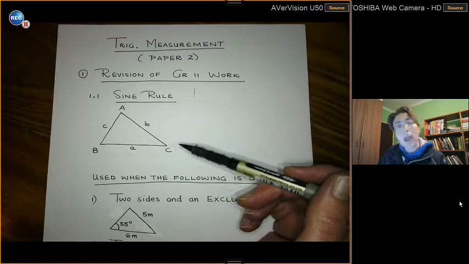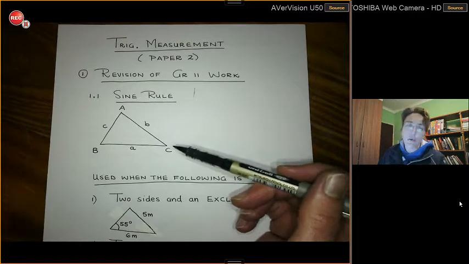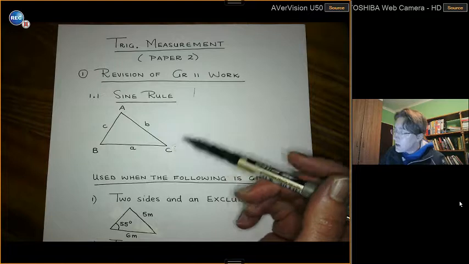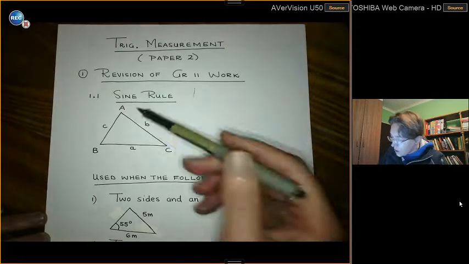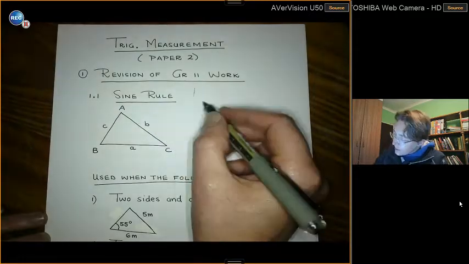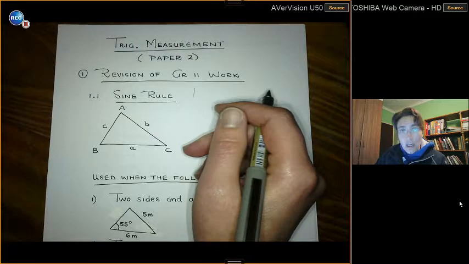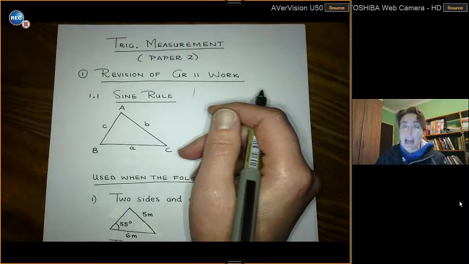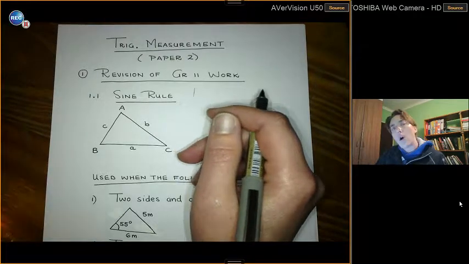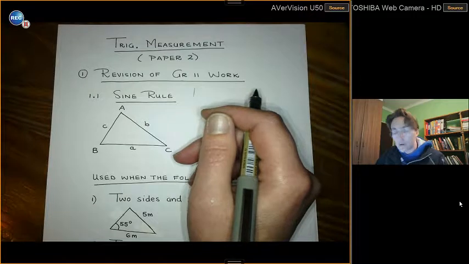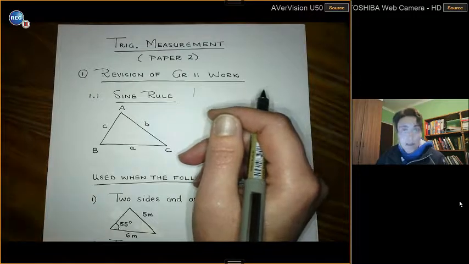by the way, you can use the sine rule and the cosine rule in a 90-degree triangle as well, but specifically any triangle. So in any triangle, you can say that there's a ratio between the sine of an angle and the side opposite that angle, and this ratio remains constant in that triangle.